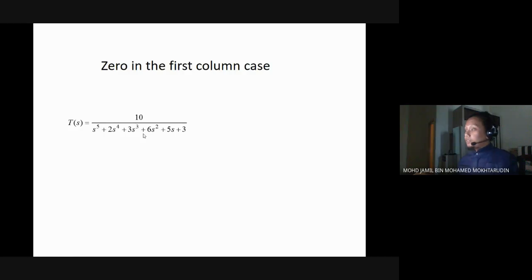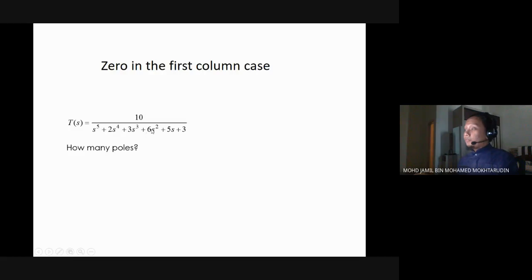First you need to generate the Routh table. You look at the denominator, which has s to the power 5 as the highest power. That means you have 5 poles.